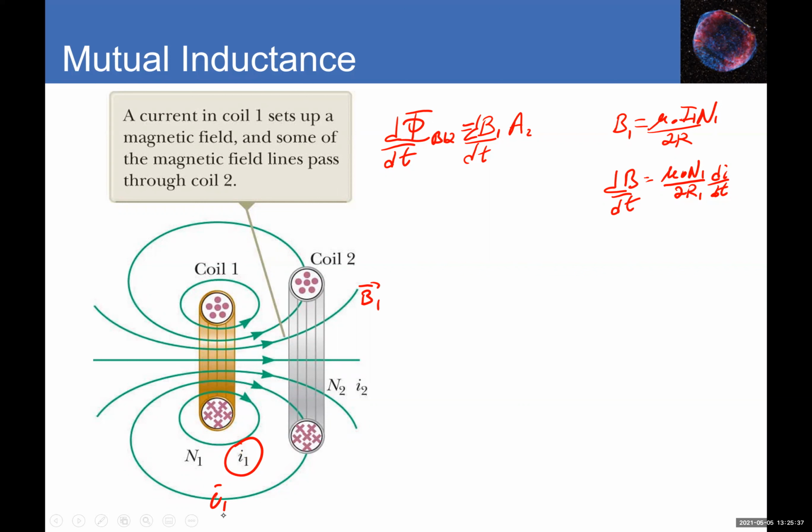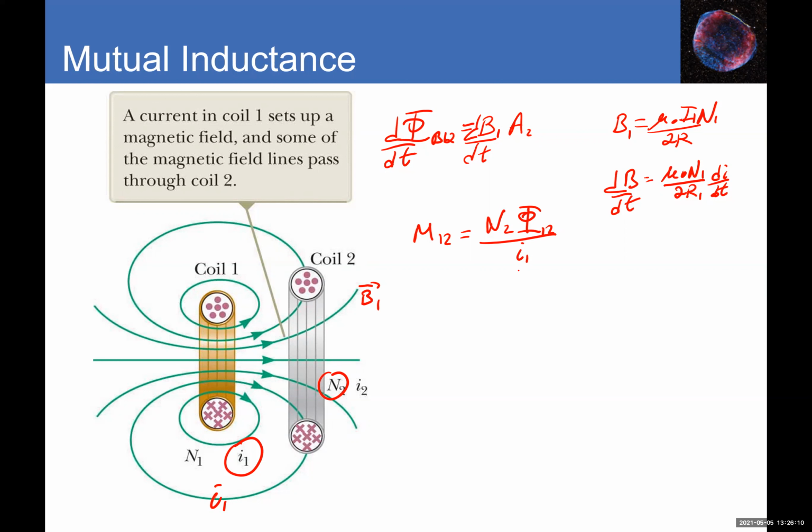Then we can calculate what we call the mutual inductance M12, which equals N2, the number of turns for coil two, times the flux Φ12, divided by i1, the time varying current in coil one. This is the mutual inductance through coil two.